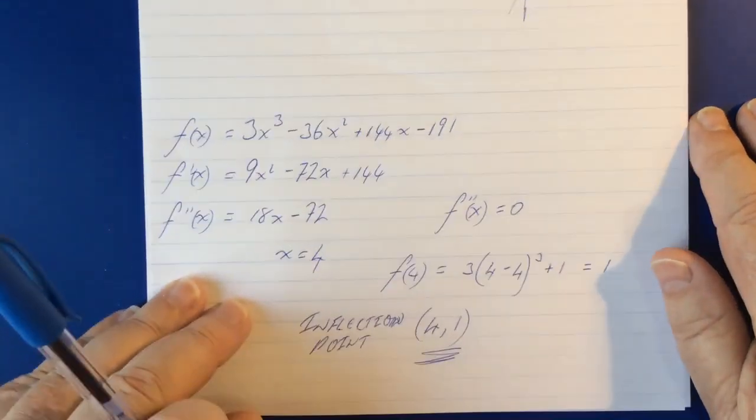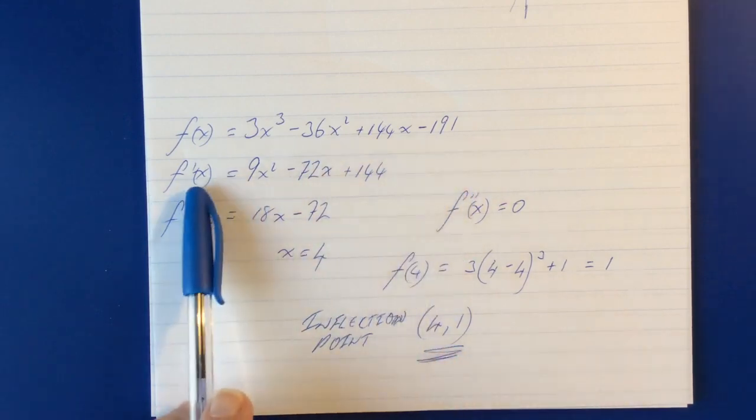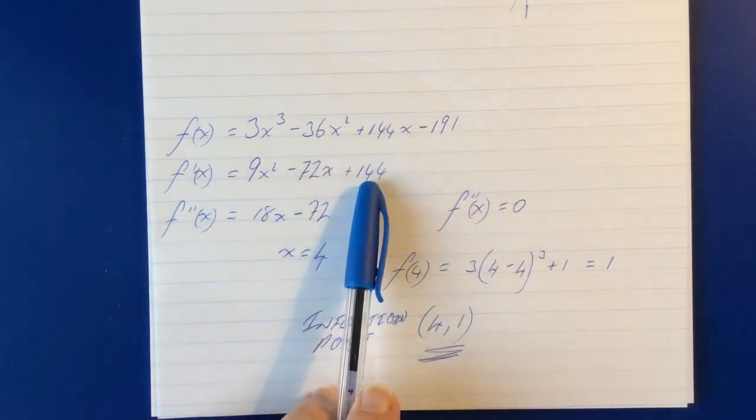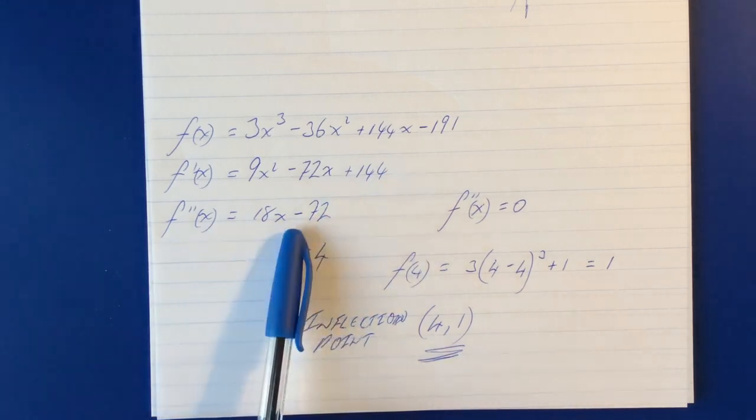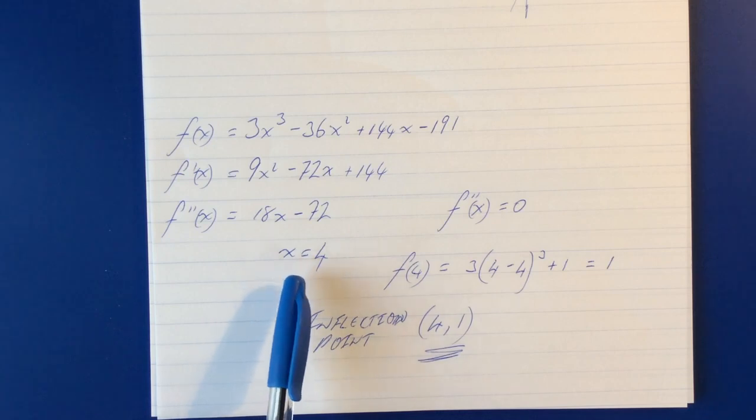So let's just talk through this again. Original function, derivative, giving us the x values of the turning points. Second derivative giving us the x value of the point of inflection.